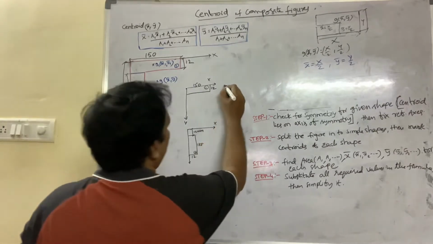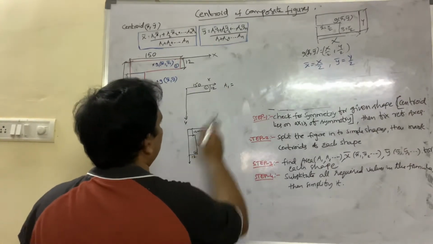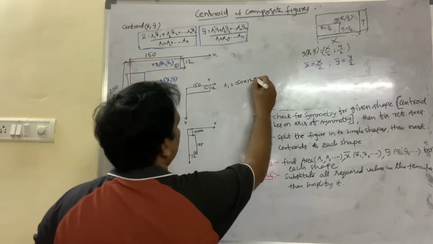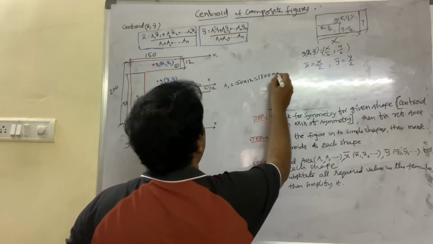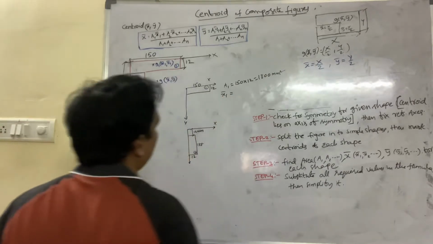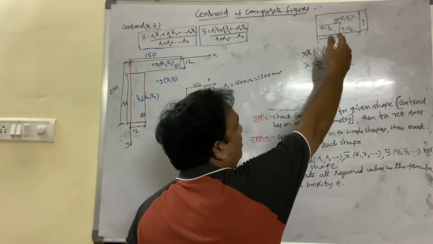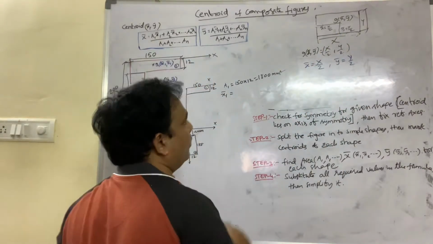Let us find out the area of the first member. That means 150 into 12, that is equal to 1800 mm square. And what is x1 bar? We know that for the centroid of a rectangle, x bar comma y bar is half the horizontal distance comma half the vertical distance.